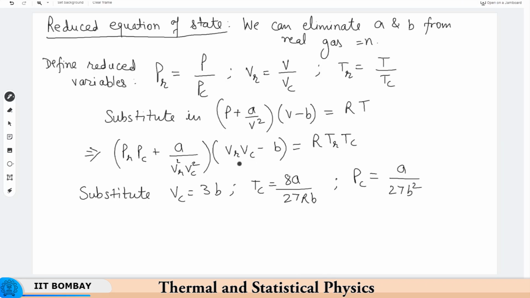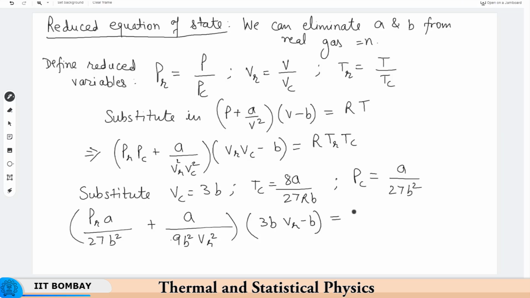If we plug these values into this equation, we basically get (P_R times A divided by 27B squared plus A divided by 9B squared V_R squared) times (3B V_R minus B) equals 8A divided by 27RB times R T_R, right?